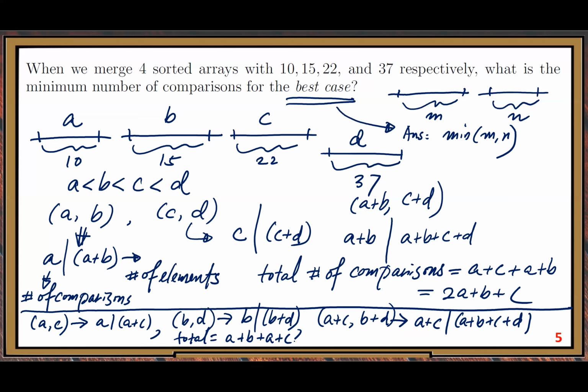Look at it. In this way, we get the same answer, 2A plus B plus C. So probably this should be the answer. You can try if you can get smaller, but probably not.